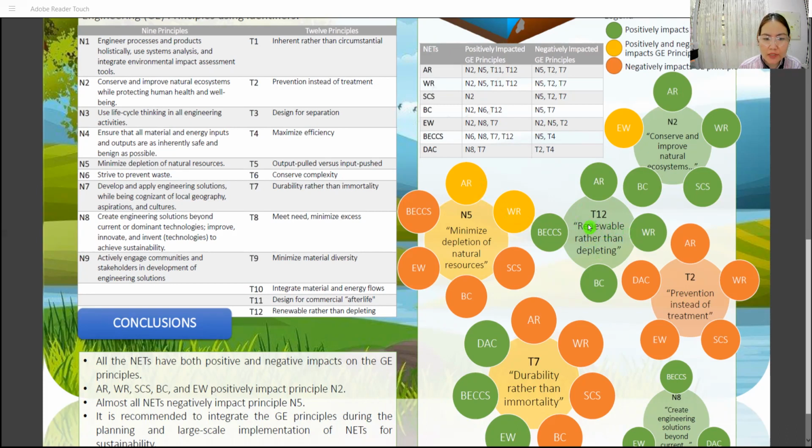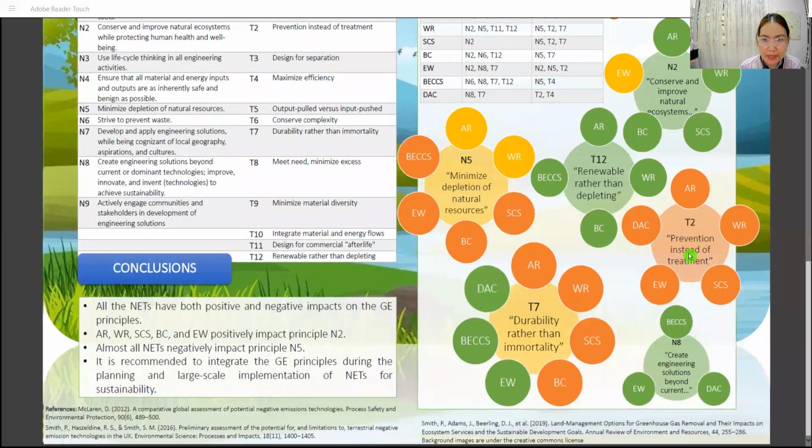NETs are actually a treatment rather than a prevention to the carbon emissions problem. Hence, they negatively impact Principle T2, or prevention instead of treatment. Decarbonization and turning to renewable energy is the prevention, but NETs is the treatment. Having NETs as an option might hamper the current carbon dioxide reduction efforts.